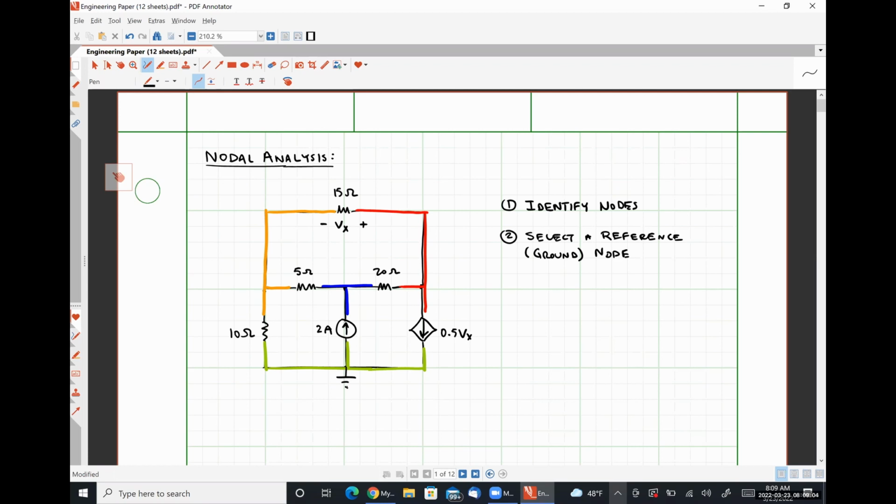Okay. So this ground node designation means that this guy is at 0 volts. And our next step, step number 3, is to assign nodal voltages, and I'm going to talk about what that means.